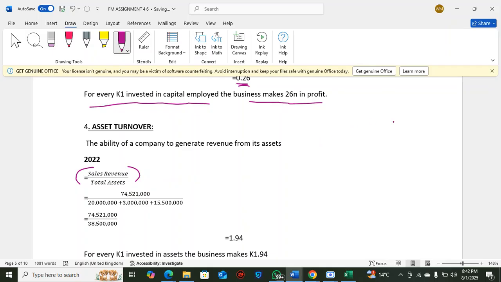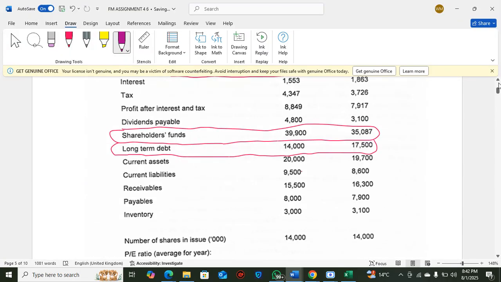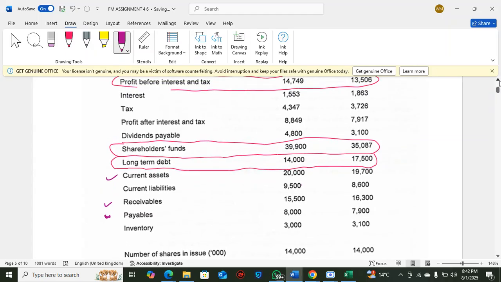So in the question, our assets, even current assets, these are also other current assets, receivables, payables. Ah, no, payables is not an asset, sorry. Receivables, current assets. Let's see what other assets we have here.